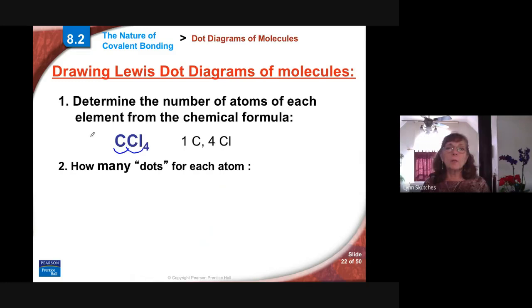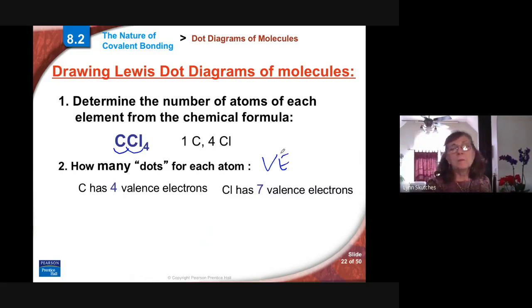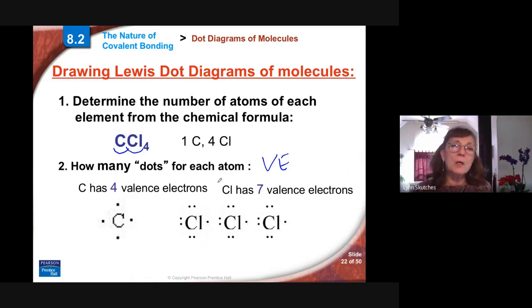Second step, you figure out how many dots, how many valence electrons each element is supposed to have. All the halogens have 7. And then you draw a representation of that. 1, 2, 3, 4. Remember, spread them out. Then all but 1 valence electron, and there's 4 of them.